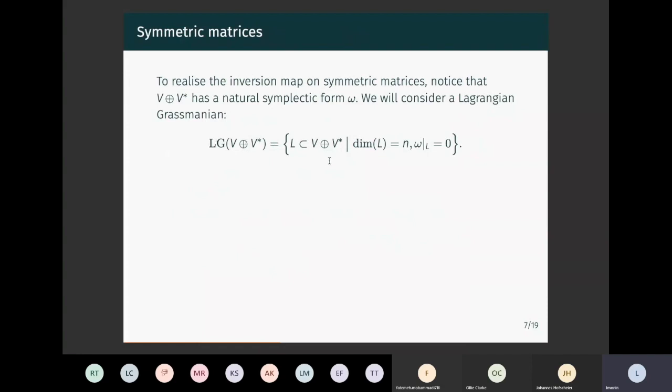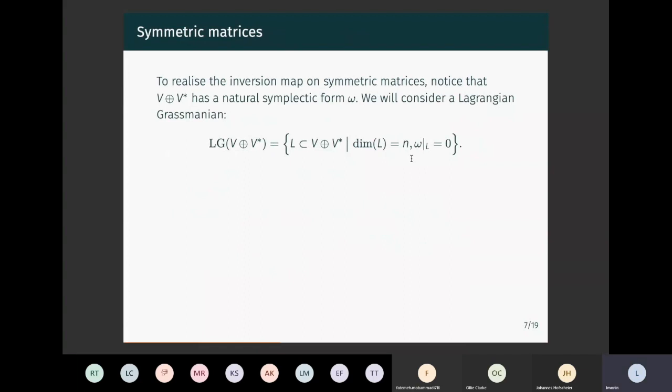What is the Lagrangian Grassmannian? It's a subvariety of the Grassmannian of n planes inside of V plus V dual, but we take only isotropic n planes, so n planes such that the restriction of our natural symplectic form to this plane is identically equal to 0.